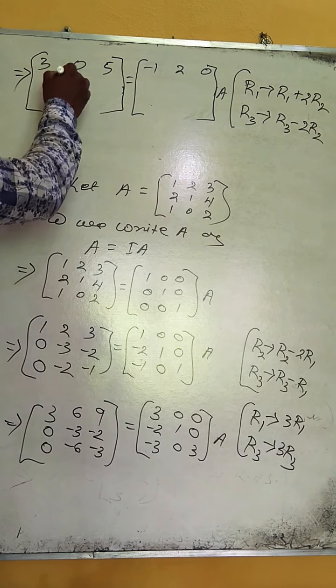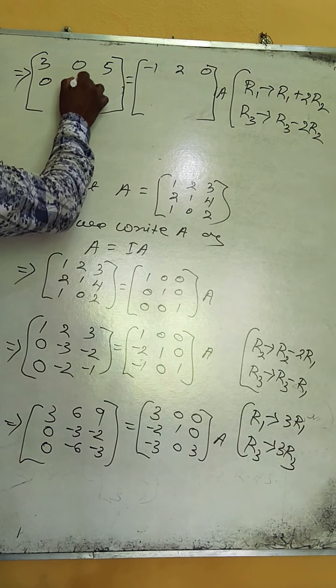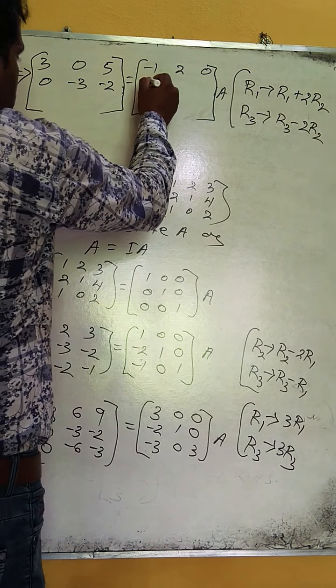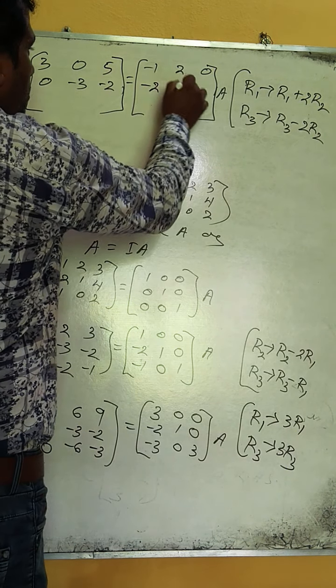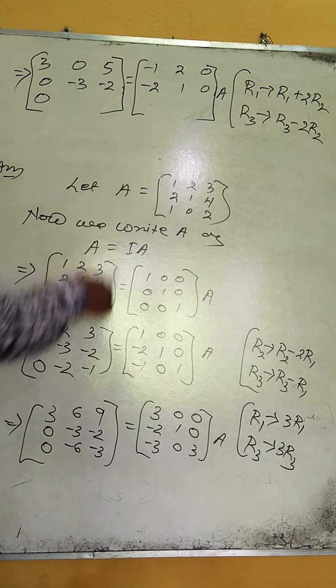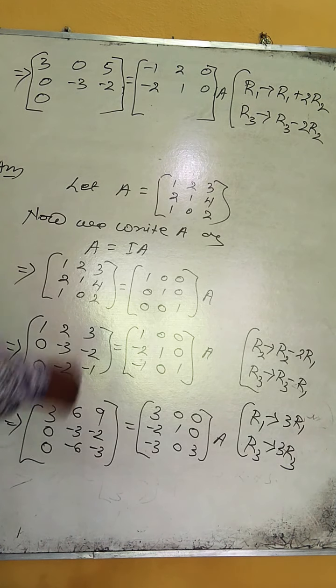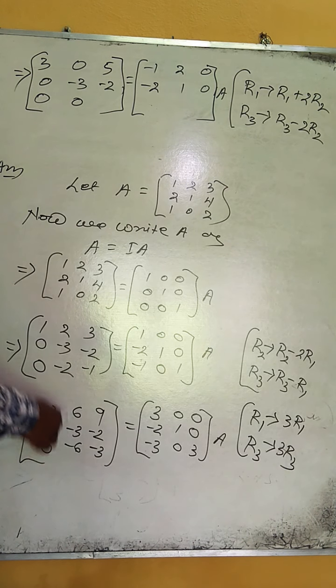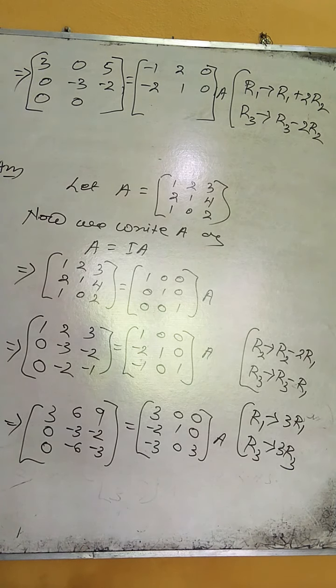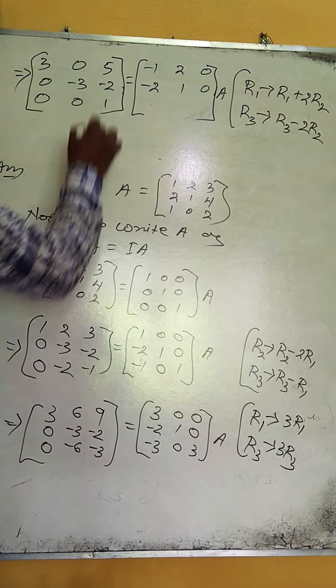R3 becomes R3 minus 2R2. Here 0, minus 3 minus 2, and on the right minus 2 1 0. R3 minus 2R2: here 0 0, minus 6 plus 6 is 0, minus 3 plus 4 is 1.